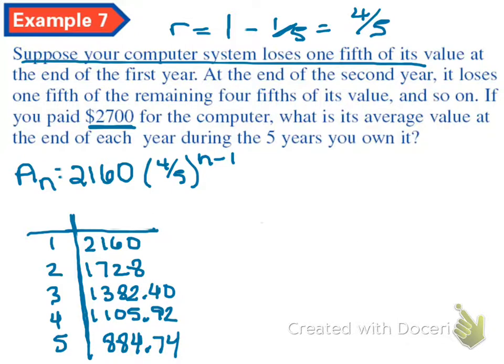If what we're wanting to know is the average value over the 5-year period, we could have just found the sum over the 5-year period. The sum over the 5-year period, remember, would have been equal to that first term, which is 2,160, times 1 minus the rate, raised to the power of time, over 1 minus the rate.